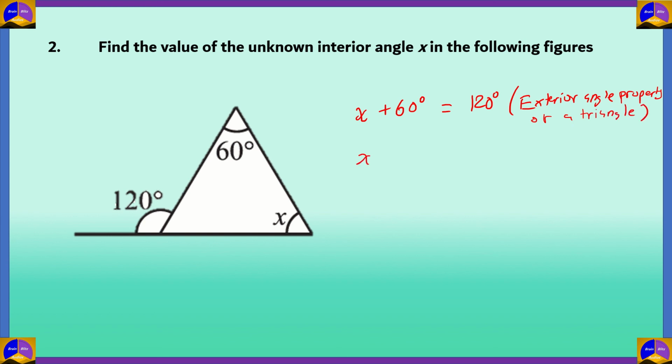So x would be equal to 120 degrees, we take plus 60 degrees to the other side, minus 60 degrees. 120 degrees minus 60 degrees is equal to 60 degrees. So x is 60 degrees in the following diagram.